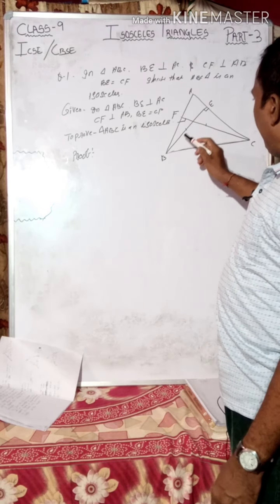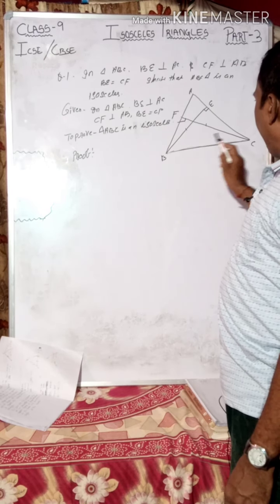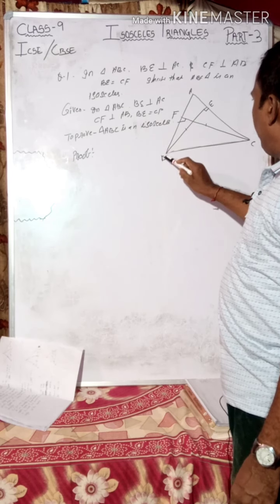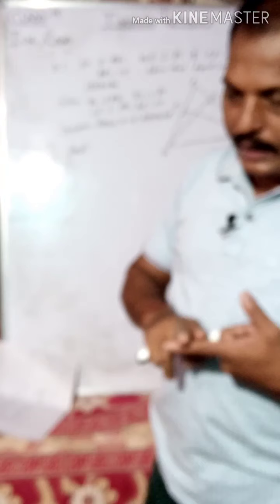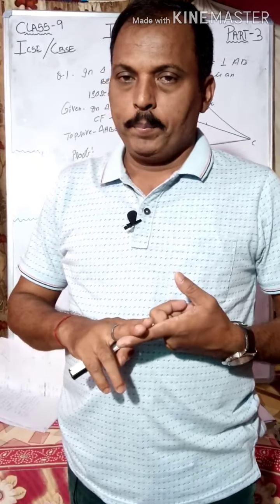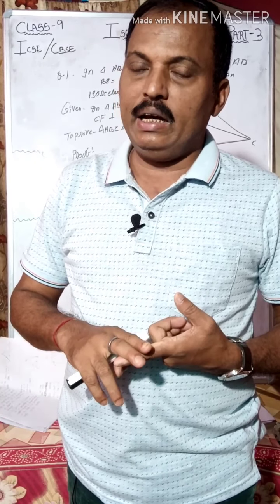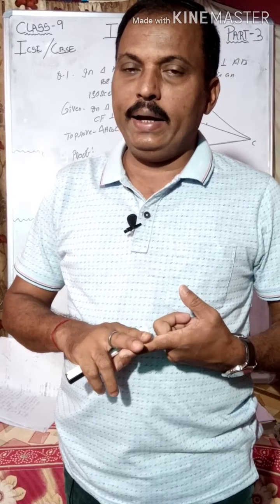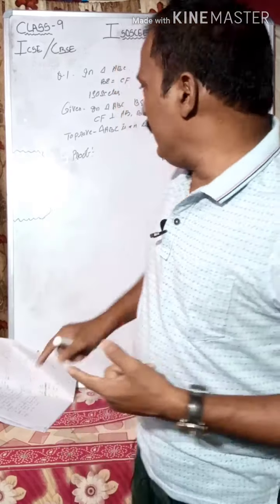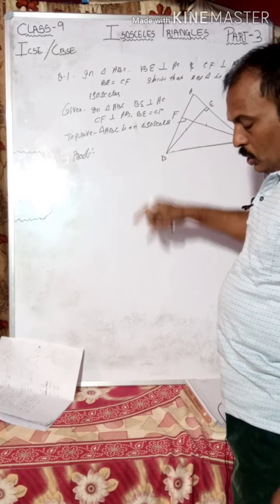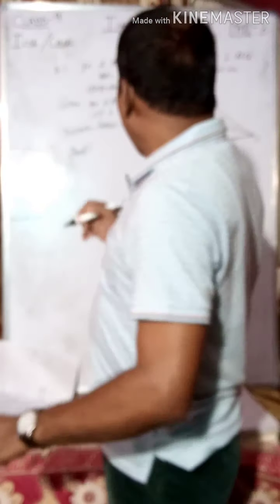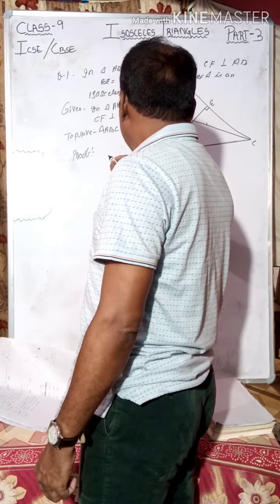Both triangles BCF and BEC, by taking the two altitudes BE and CF, are two right angle triangles, BCE and BCF. So we compare triangle BCF and triangle BCE.